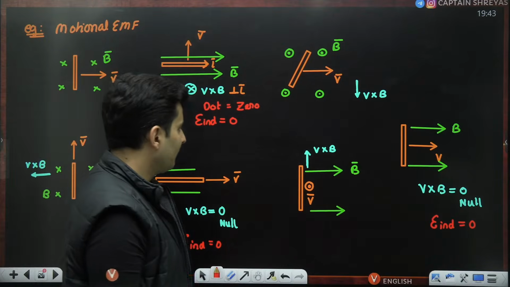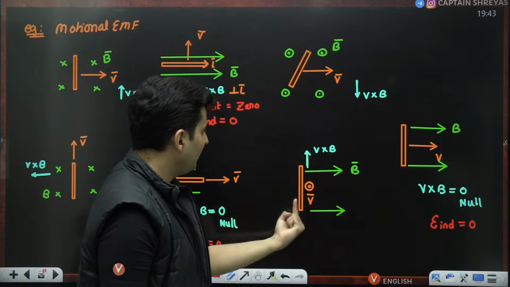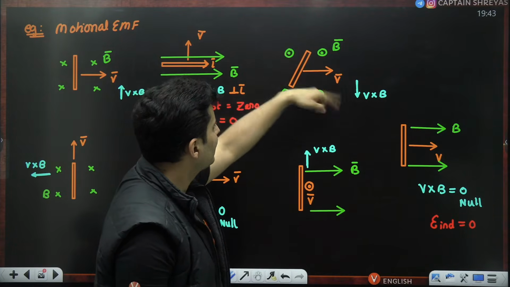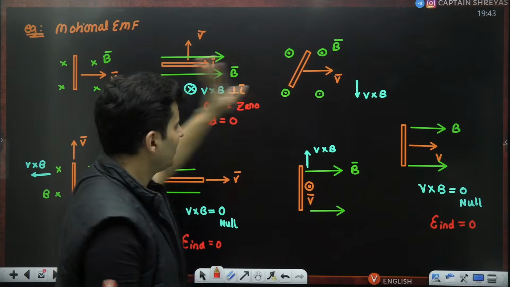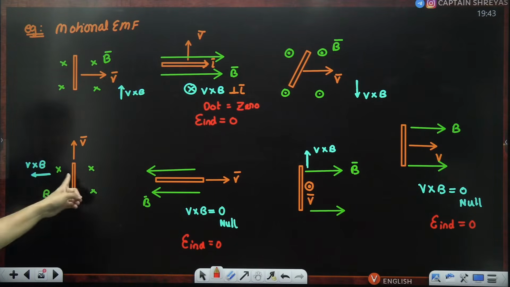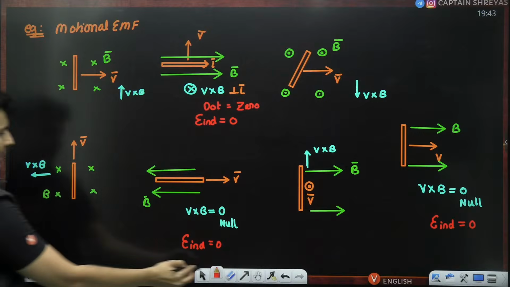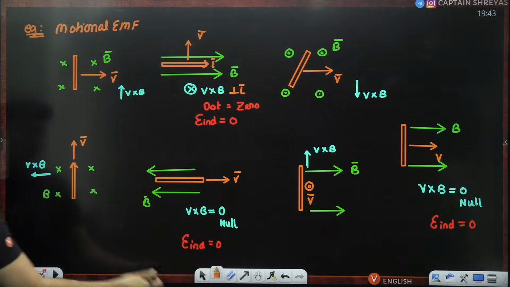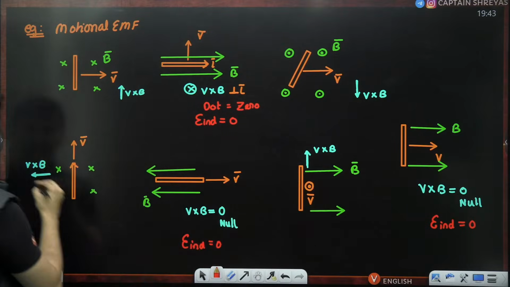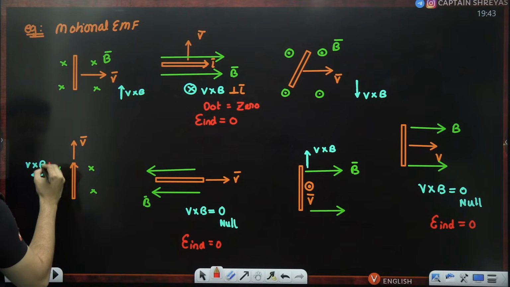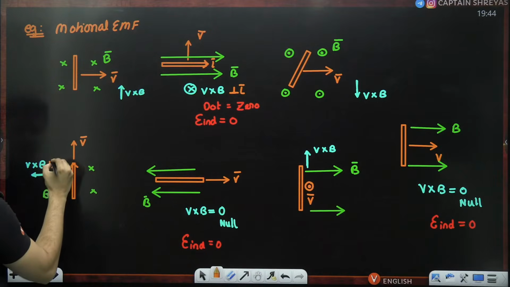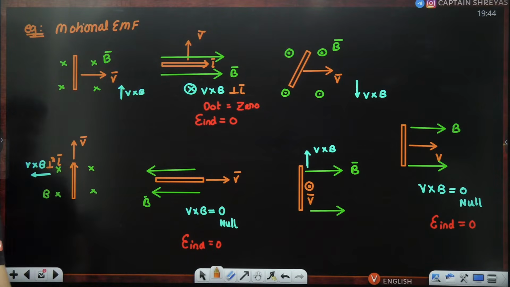Let's see over here. I think V cross B is up, length is also in that same direction, so nothing doing. Here V cross B is down, length is at an angle, so maybe there is EMF. Here V cross B is like this. The length vector is like this, perpendicular to V cross B. So obviously V cross B is perpendicular to the length vector.